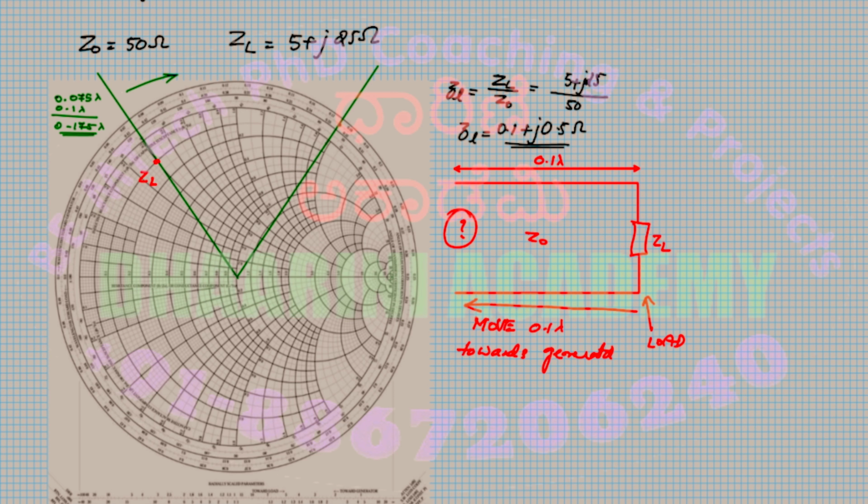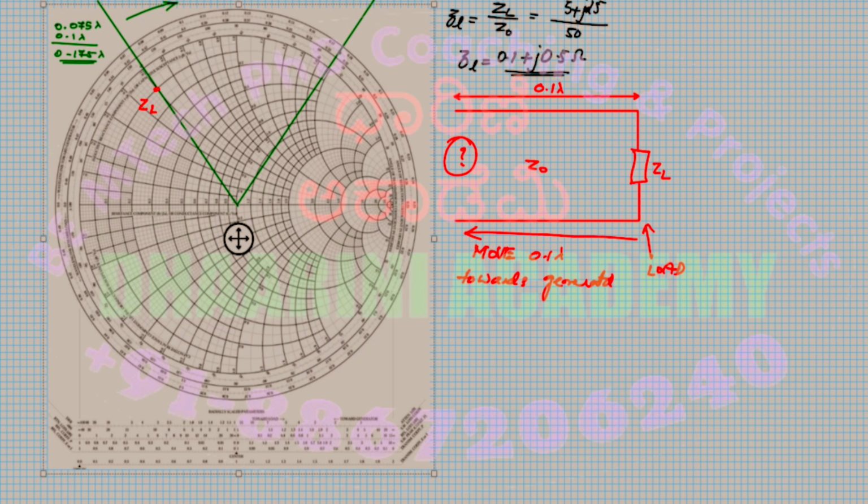For that, you hold this as a radius. Take this as a radius and draw a circle from here. I'll change the color of the circle, maybe I'll use black. So this is a circle, and this is the radius.